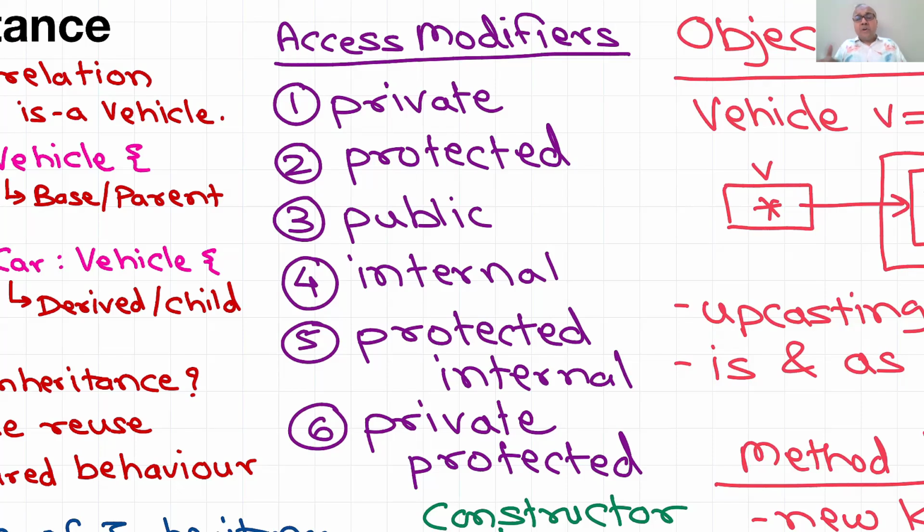But the private protected suggests that it is accessible to derived classes in that assembly only. You cannot access it in derived classes outside that assembly. This private protected is one of the new access modifiers added in the C# language.